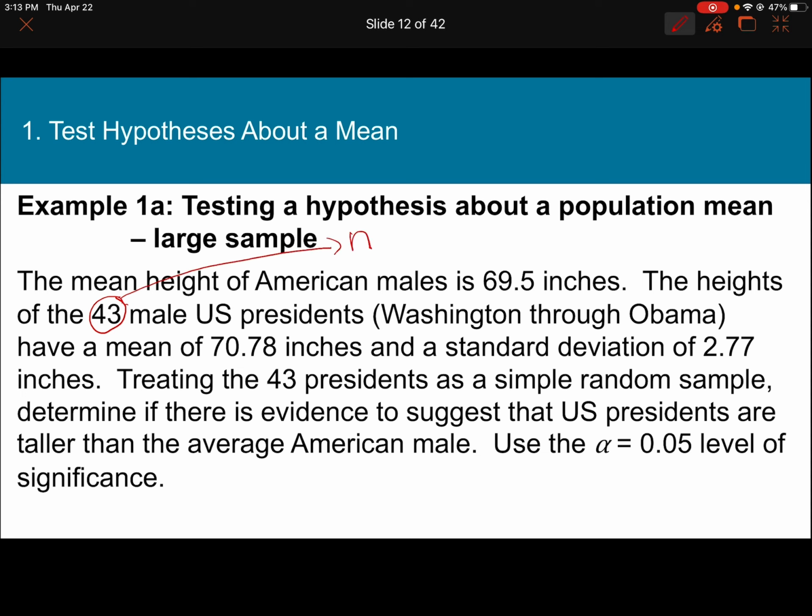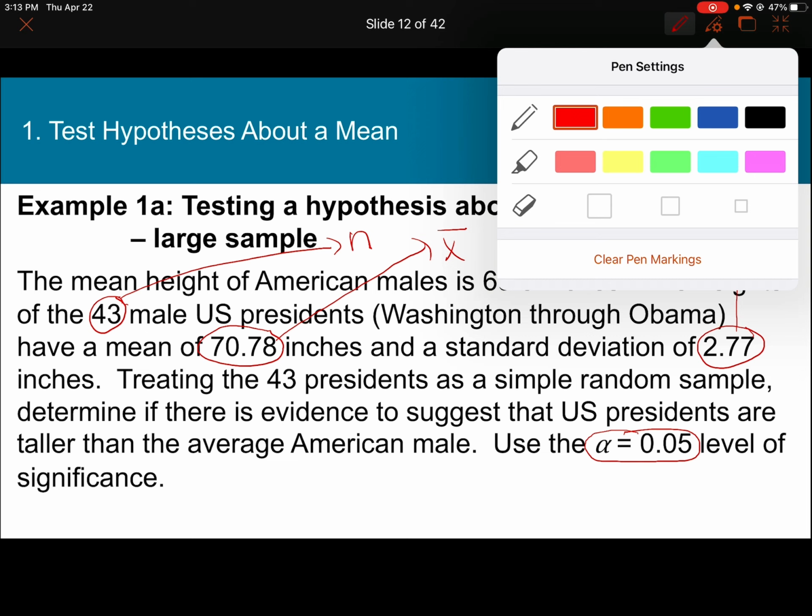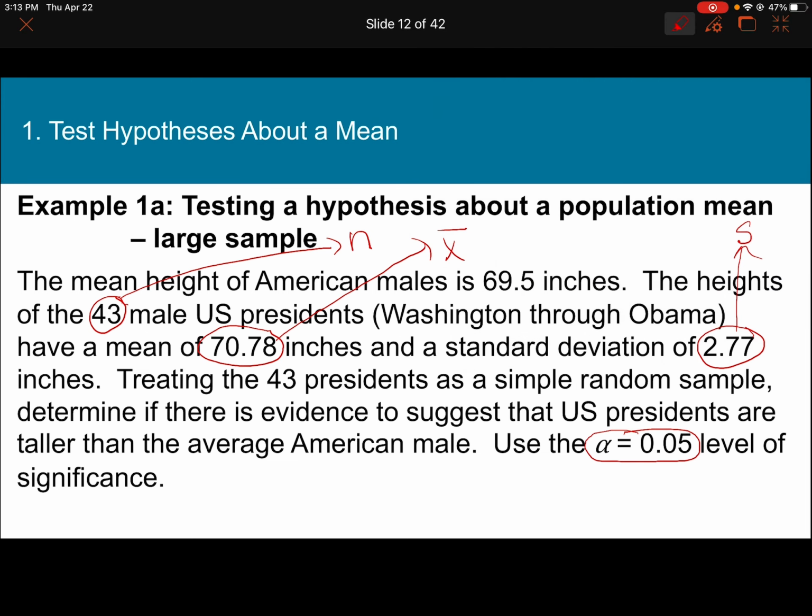That's our sample size. The 70.78 is our sample mean. And the 2.77 is our sample standard deviation. Also notice that we have our level of significance here. And we want to know, are U.S. presidents taller than the average American male?